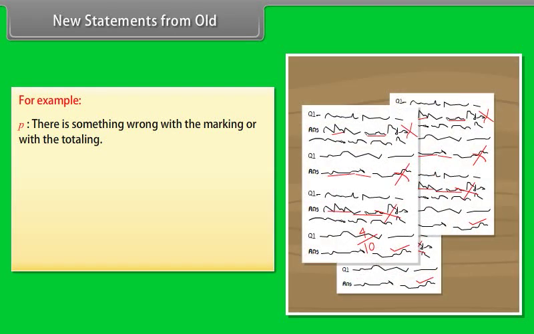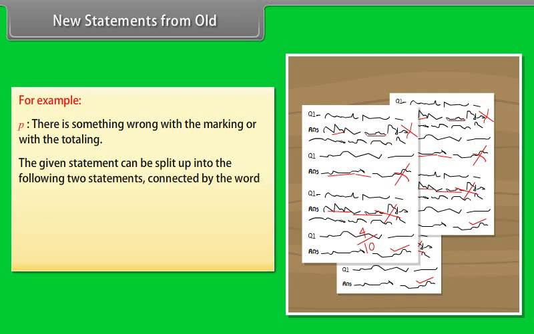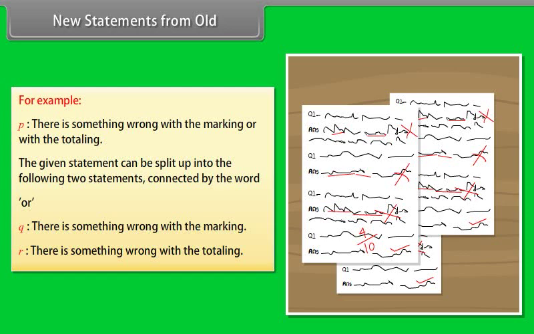The above statement tells us that there is something wrong in the marking by the examiner, or there is something wrong in the totaling. The given statement can be split up into the following two statements, connected by the word or. Q is a statement that there is something wrong with the marking. R is a statement that there is something wrong with the totaling.